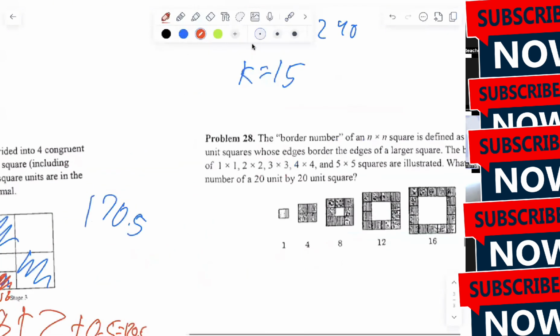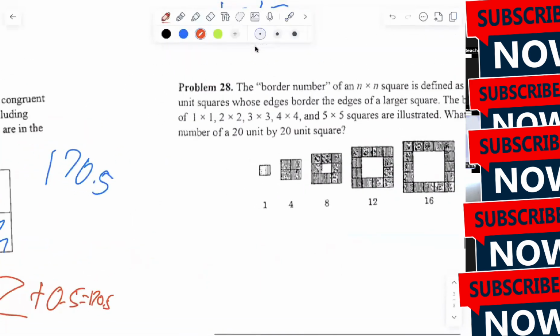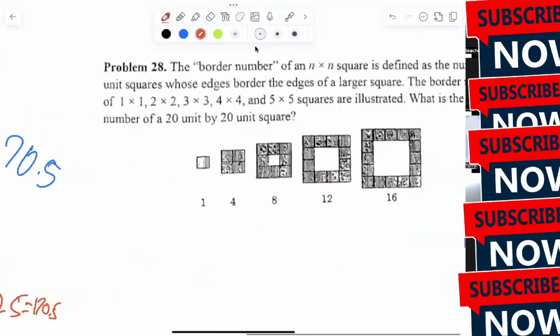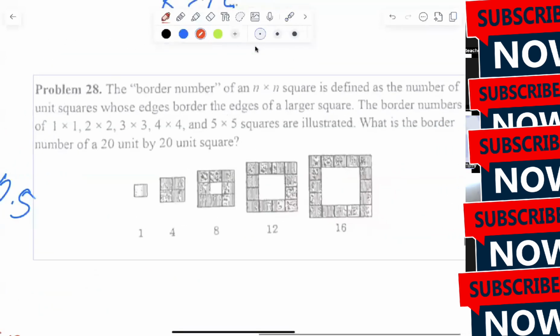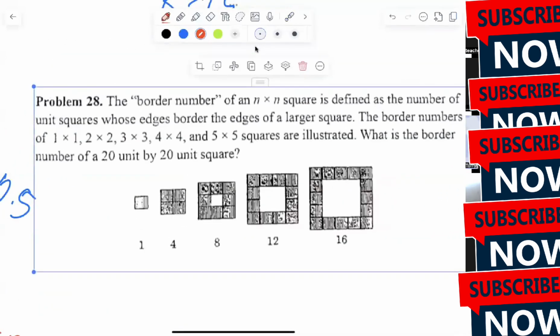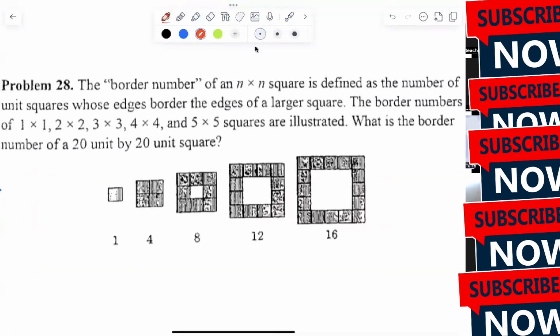Okay, so now let's go to problem 28. The border number of an n by n square is the number of squares whose edges are the border of the squares. The border numbers of 1 by 1, 2 by 2, 3 by 3, 4 by 4, 5 by 5 are illustrated below.